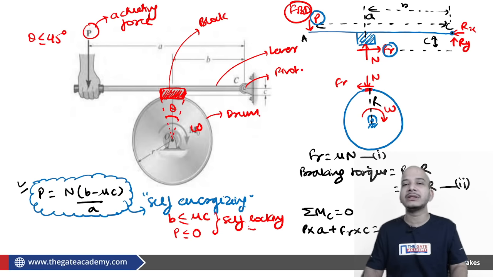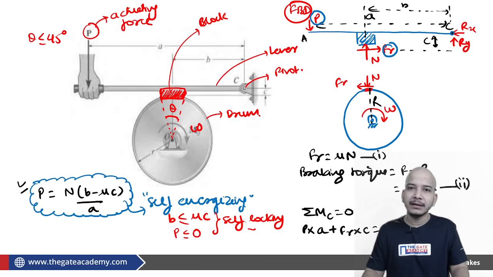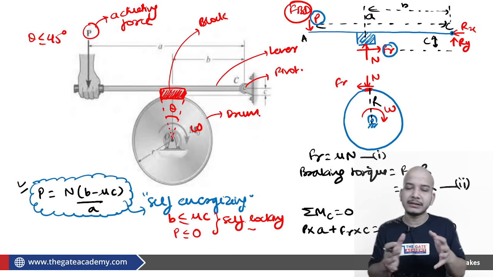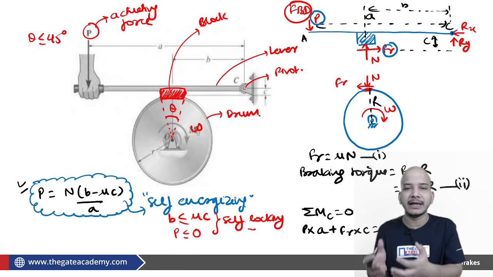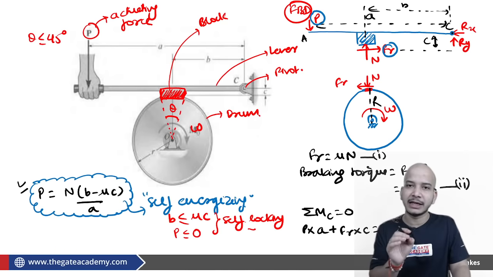Self-locking is something which is not at all suggested. It will cause accidents. Self-energizing is fine, but you should be very careful with self-energizing brakes. There is one positive side, there is a negative side as well. Only in the self-energizing case is there a possibility of getting self-locking.